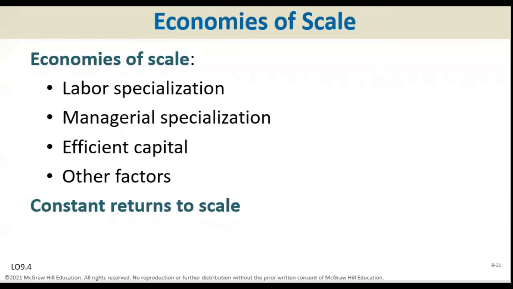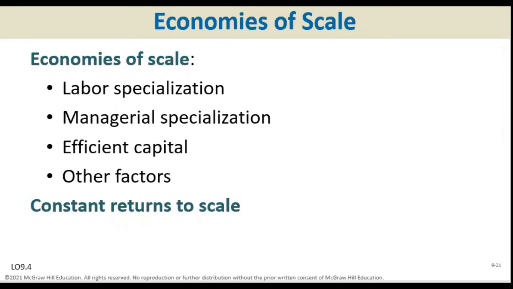Where there are economies of scale, an increase in input will lead to a more than proportionate increase in output. Why is that? Because we have labor specialization, right? People specialize themselves in a particular task. They do it well, with high accuracy and high improvement.